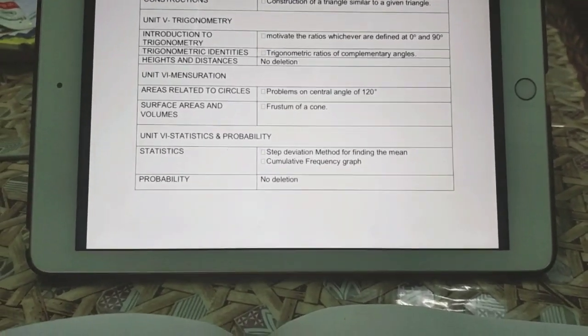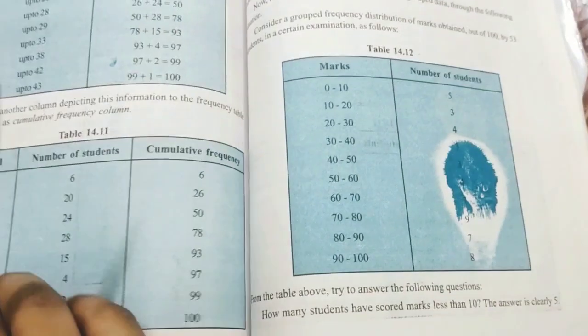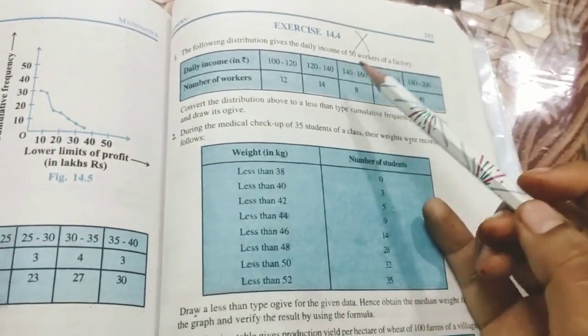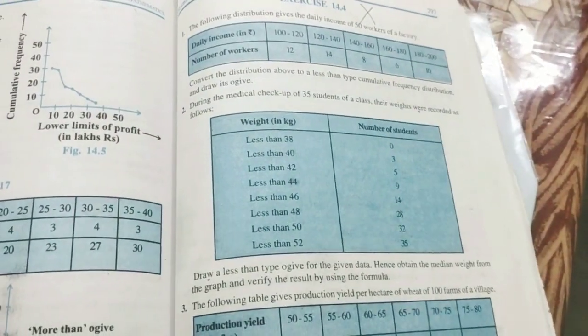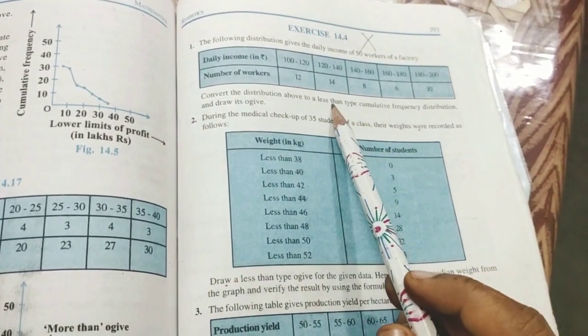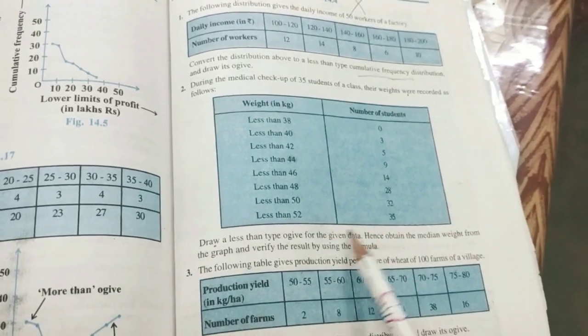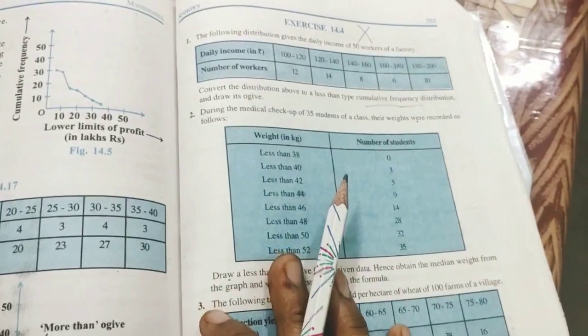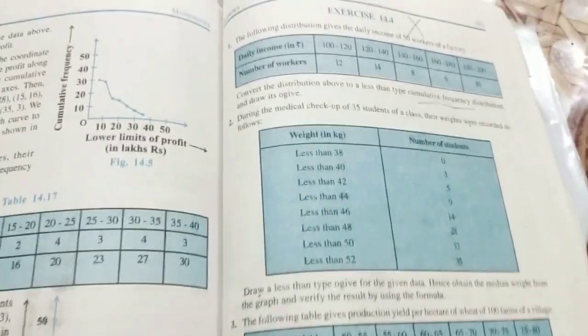Along with that, the cumulative frequency graph, this is in exercise 14.4 I think, the last exercise of statistics. In 14.4 you can see the cumulative frequency, so this exercise 14.4 has been deleted.